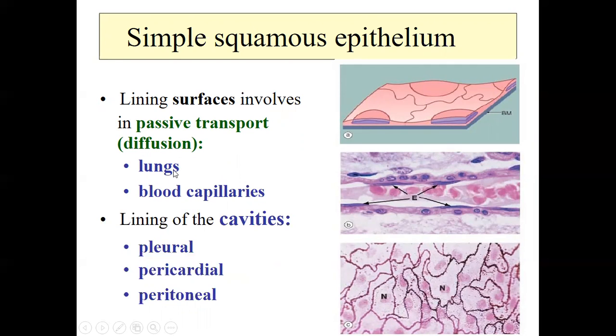For example here, the lung, because the exchange of oxygen and carbon dioxide happens in the lung. It can also be found in the capillary. You can see here, this is the endothelium, simple squamous epithelium. And the lining of the cavities, the pleura, pericardium, and also the peritoneum.